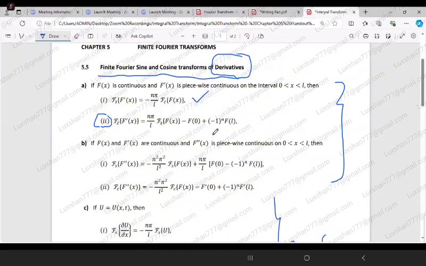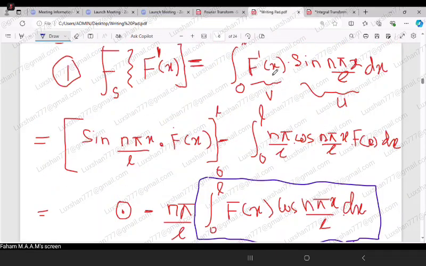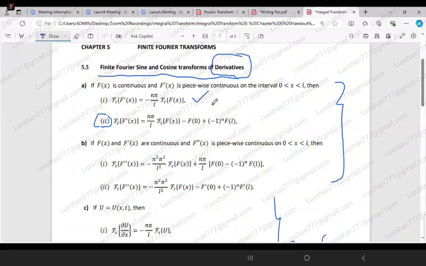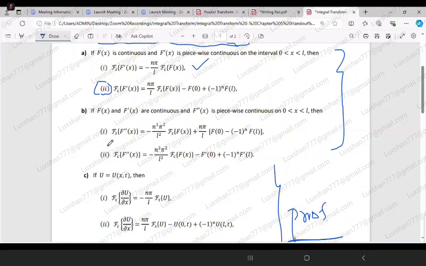In the similar way you can do this one. Always you take f dash as your v function and sine as your u function. Second derivative, yes, you have to try this one. This one is homework. Similar way, no problem. This is also homework.